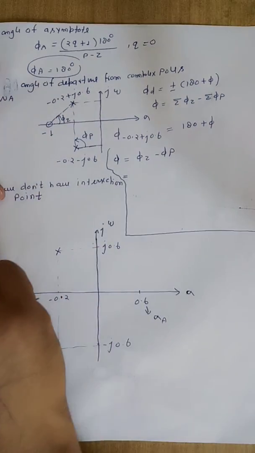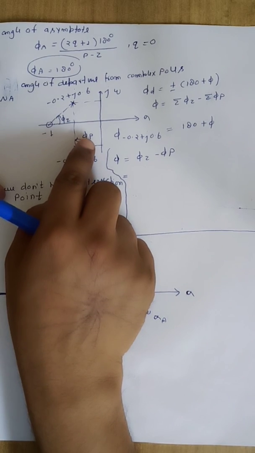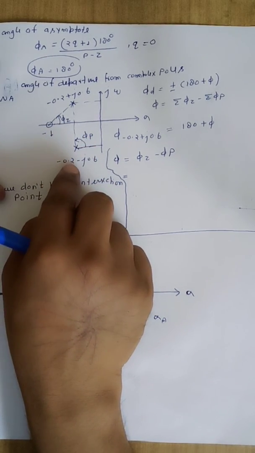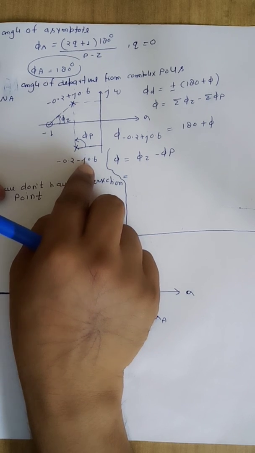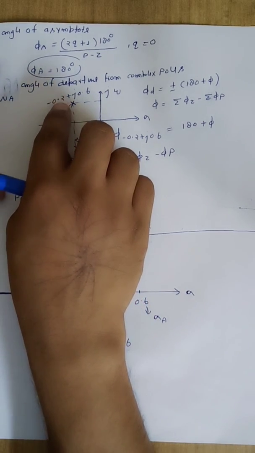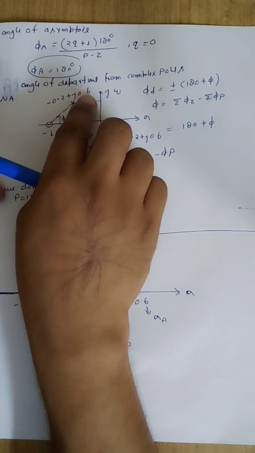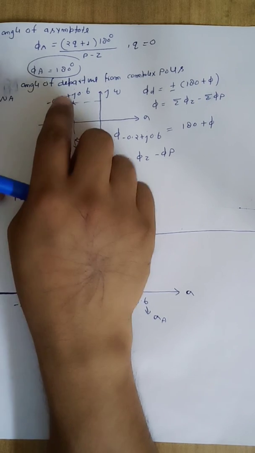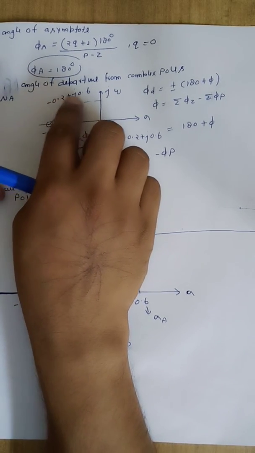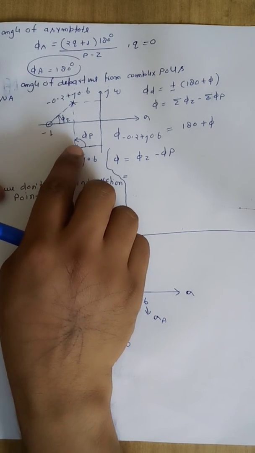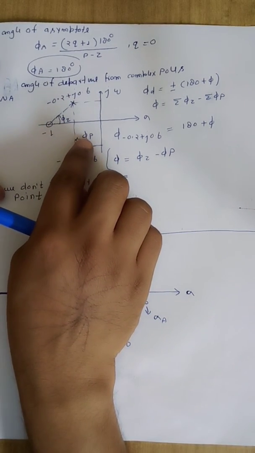So first to calculate phi p, we will join minus 0.2 minus j 0.6 with minus 0.2 plus j 0.6 because we are calculating angle of departure from complex pole minus 0.2 plus j 0.6. Suppose this is phi p.